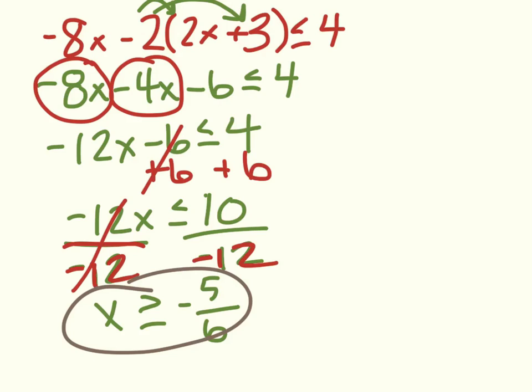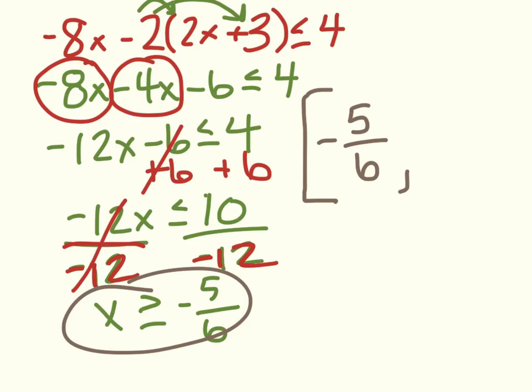In my head I'm thinking, what's the smallest point that x can equal? Well, the smallest point x can equal is negative 5/6. Now, can it equal it? Yes, it can. So I put this end in brackets.